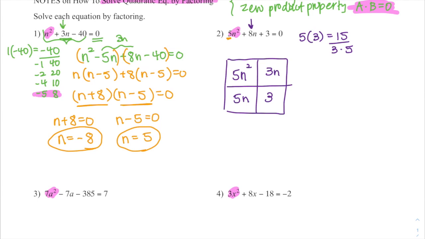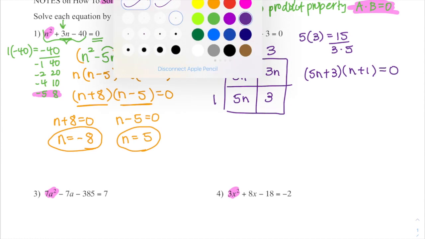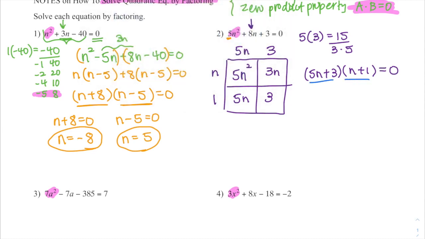Alright, so 5n, have an n, left with 1 and 3. So we have 5n plus 3 times n plus 1 equals 0. So we factored, now for the zero product property, set each factor equal to 0.